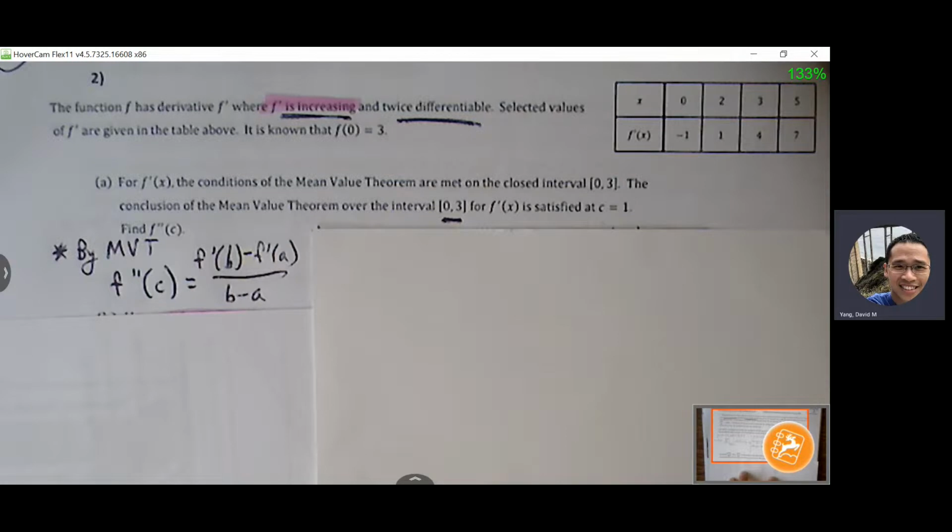So we know A and B are 0 and 3, right? They're giving you the endpoints. So basically just find the slope between the ordered pairs of 0 and 3.